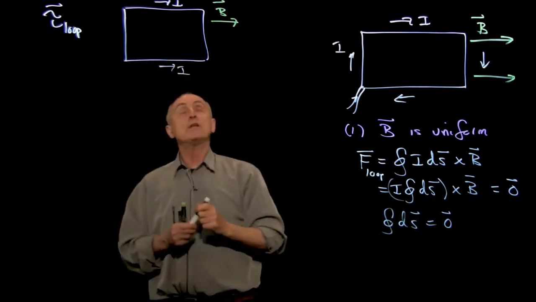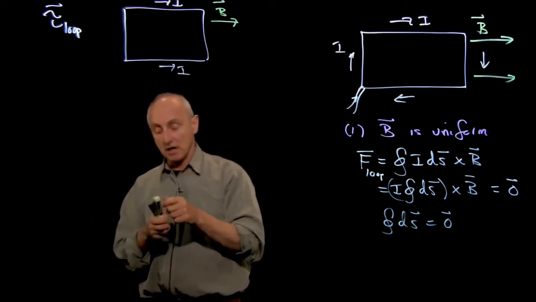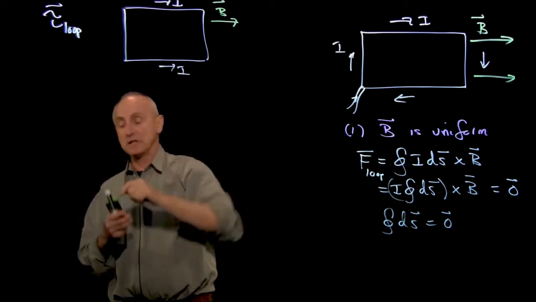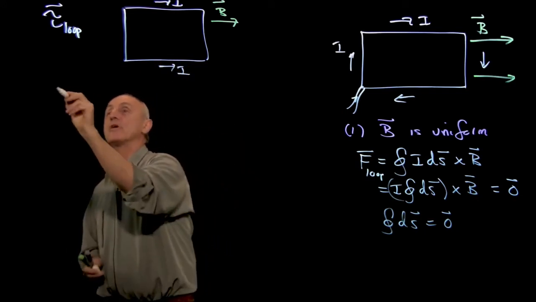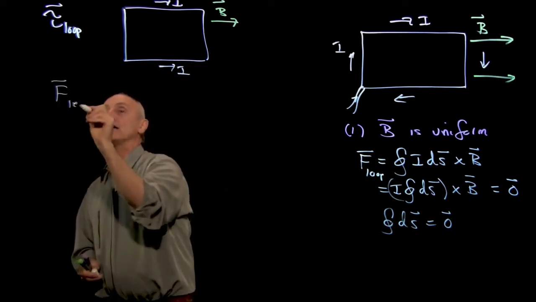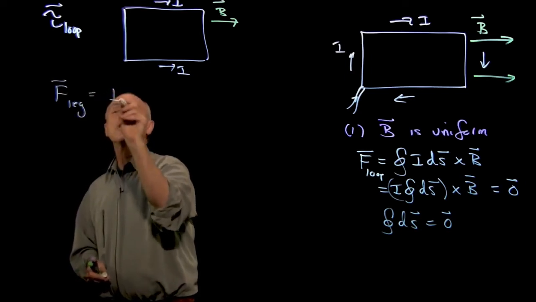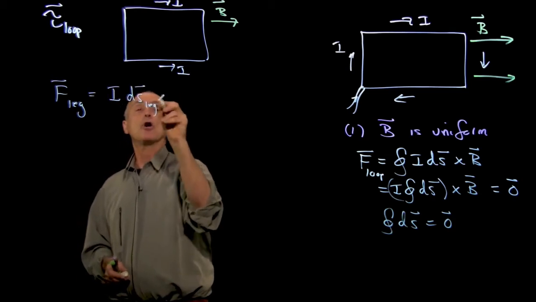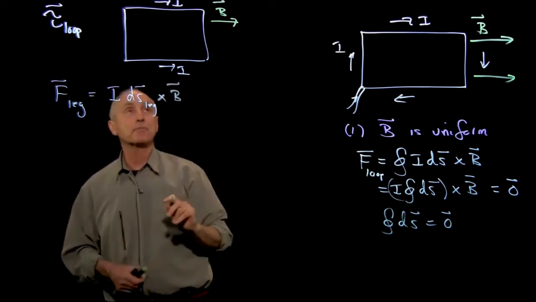And what we have to calculate is the force on each leg of the loop, which is definitely non-zero. Remember, a force on a leg of a loop is the current I ds through that leg cross the magnetic field.